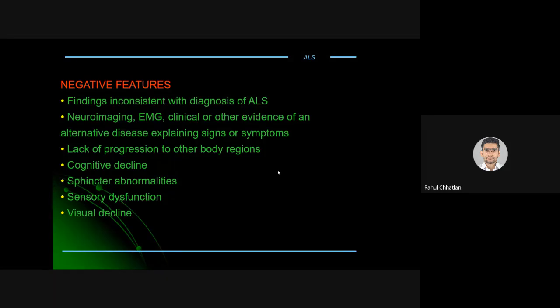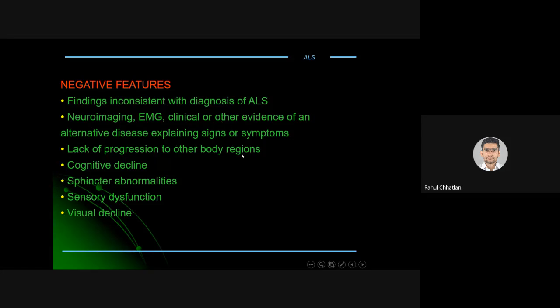For example, clinically it looked like ALS, but there are lesions in the cervical cord and brain too, so you can say it is multiple sclerosis. So if from neuroimaging, MRI or EMG, or clinically you find evidence of some other disease, you will say this is not ALS.